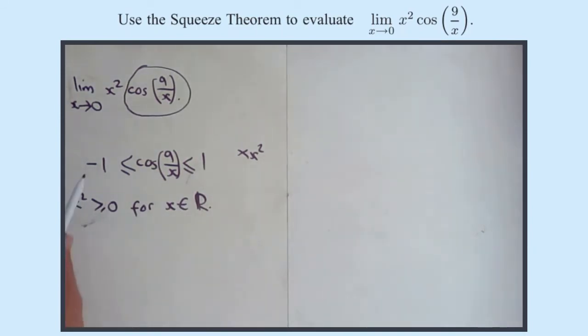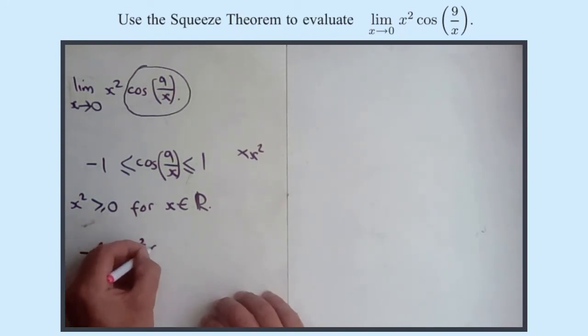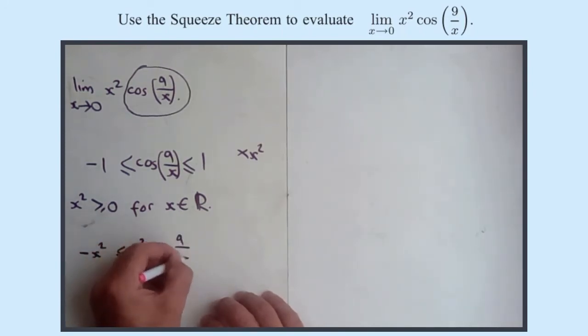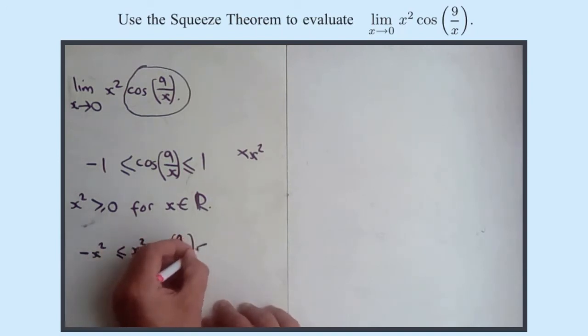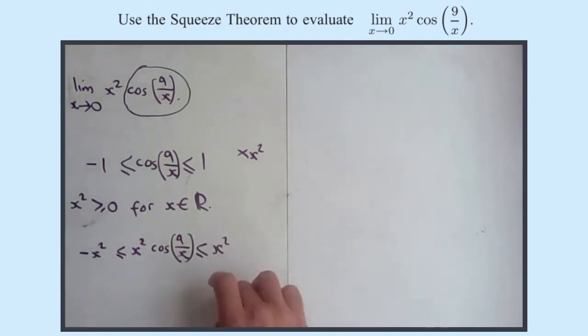So when we multiply everything by x squared, we don't have to worry about flipping the inequality sign. So we multiply through by x squared, and it would say minus x squared is less than or equal to x squared cos 9 over x, which is less than or equal to x squared, right?